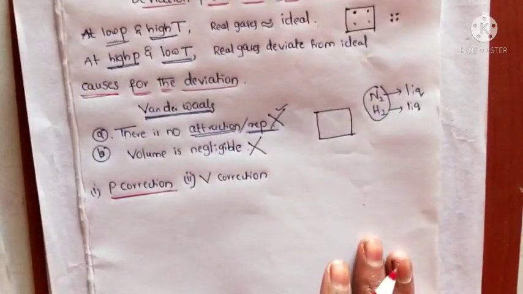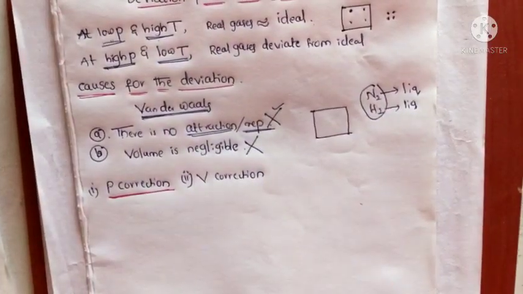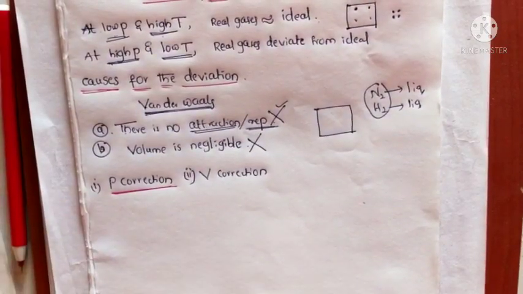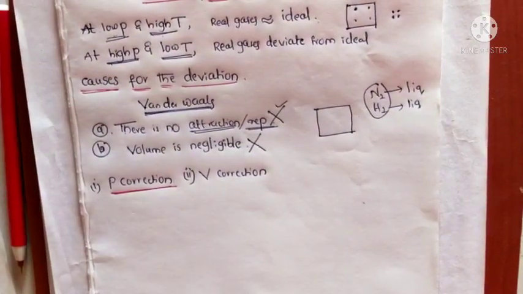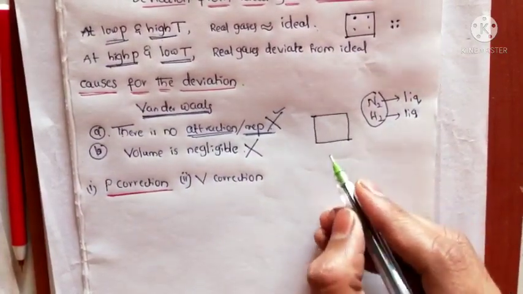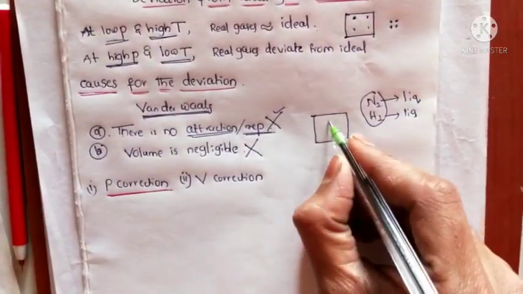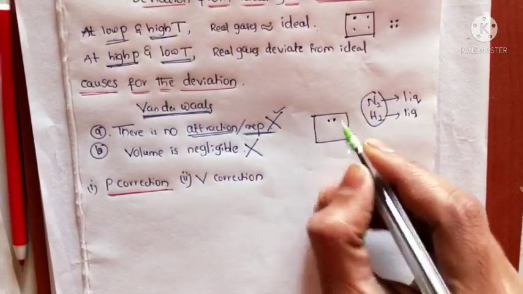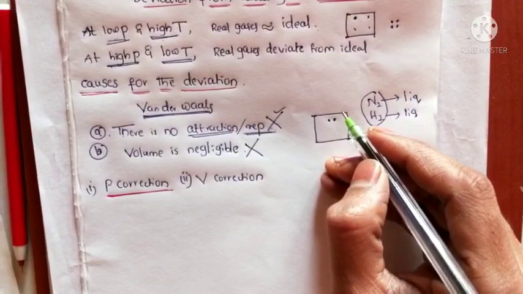So what happens here? At high pressure, gas molecules are close to each other. If you take a container, at high pressure gas molecules come close to each other. So what happens in that situation?